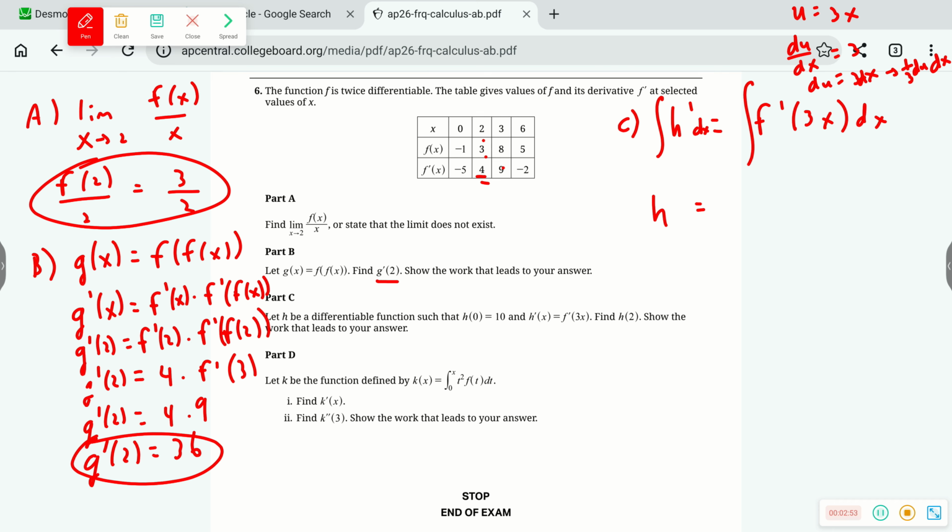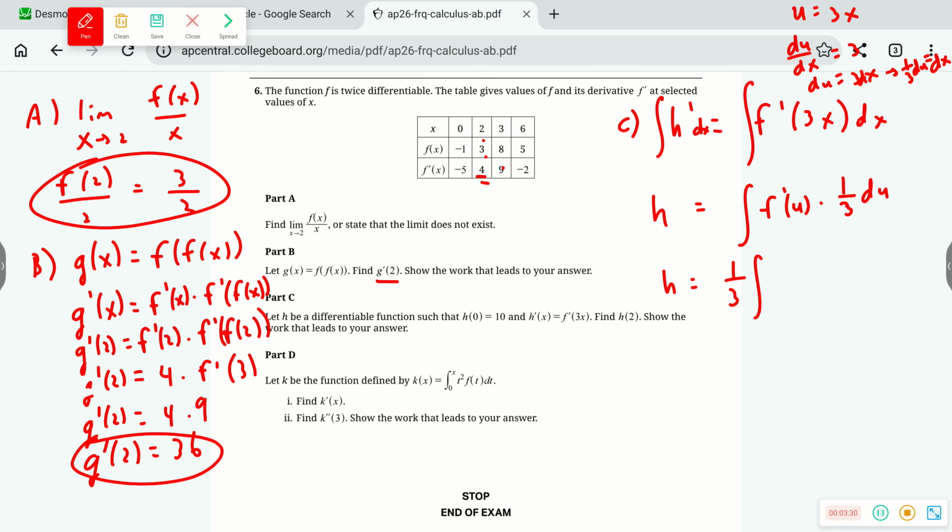Okay, so we're going to change this to the antiderivative of f prime of u times 1/3 du. dx is 1/3 du. I know we've got a c coming in a minute, but we have 1/3 and then f prime of u.